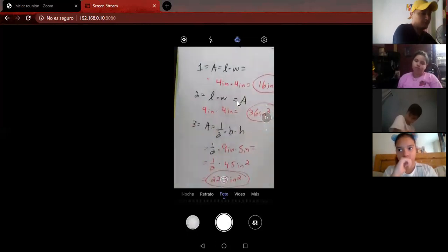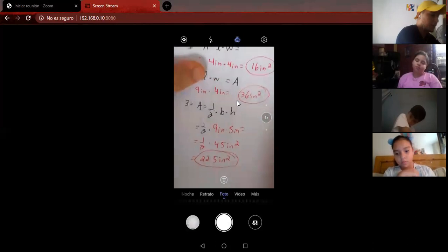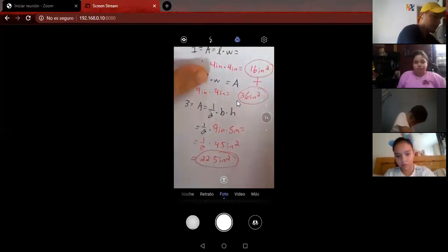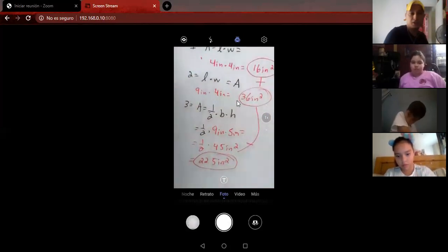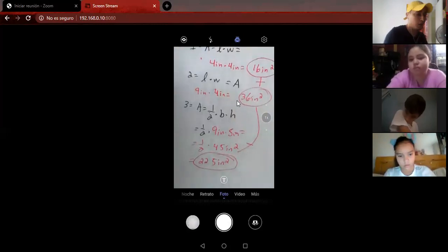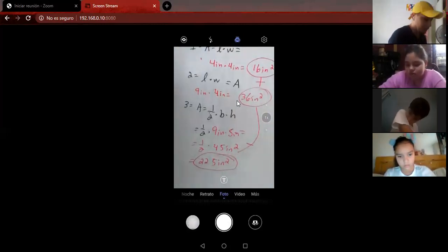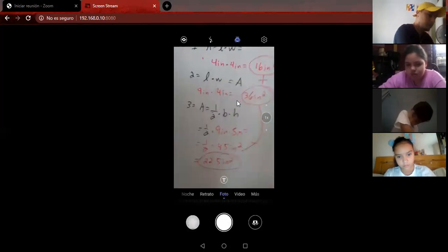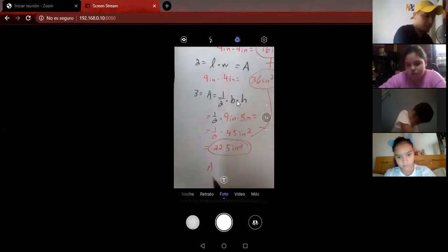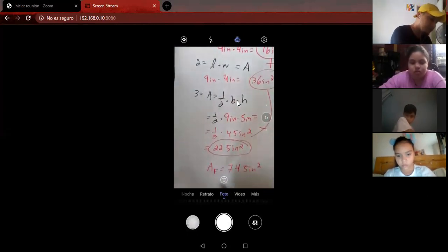Now, lo último que tengo que hacer is to add. The 3 that I found, I have to add. 16 plus 36 plus 22.5 is, so the final area, it's 74.5 inches squared.